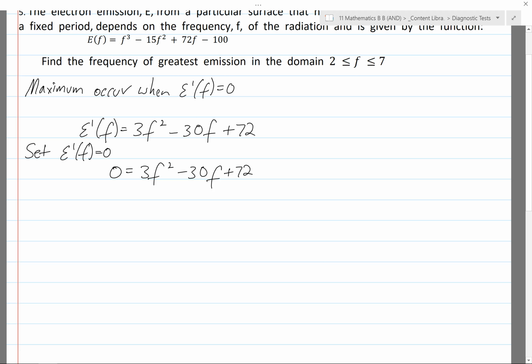There's a little trick here. If you just try to factorize straight away, you'll have 3f and f, and you'll be trying to think of numbers that multiply to give 72, whereas on the cross you'll get a negative 30 as well. A trick is that you can take out a common factor of 3.